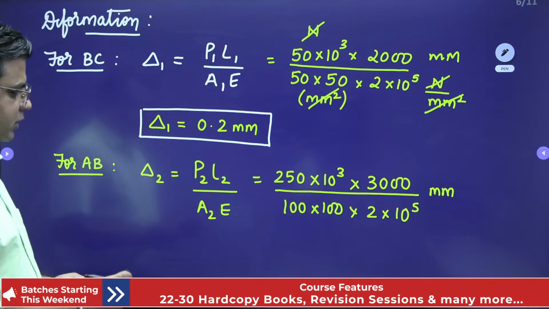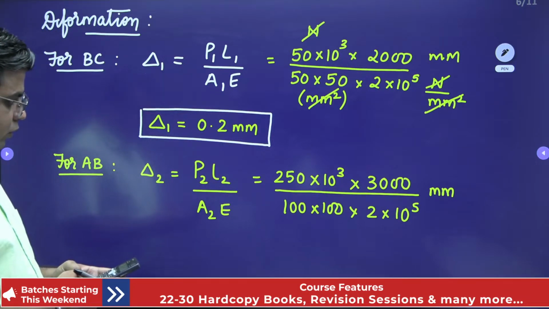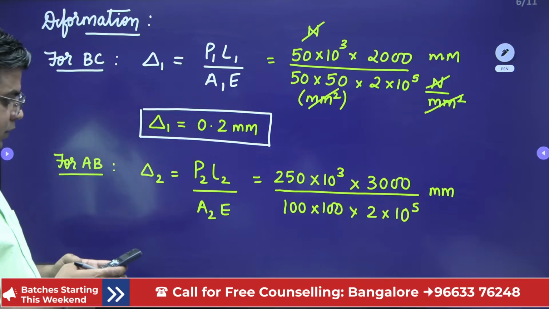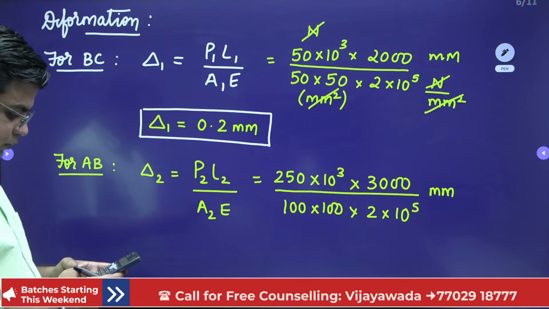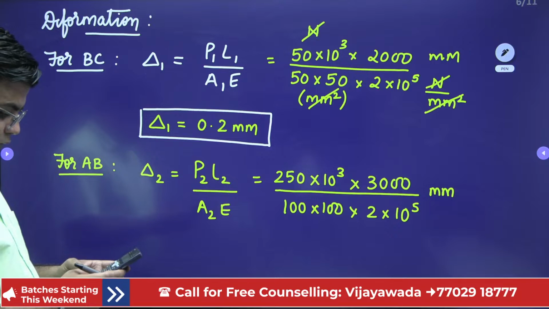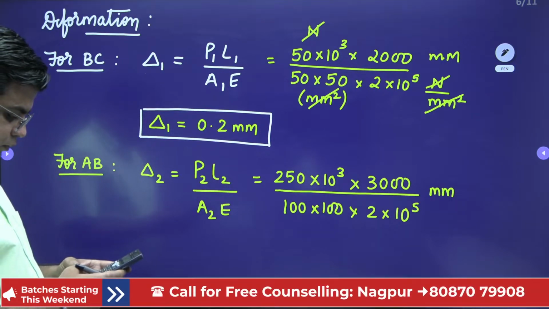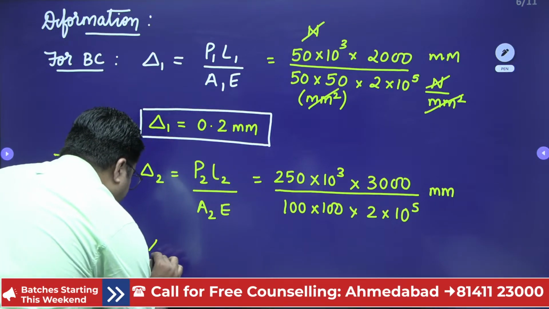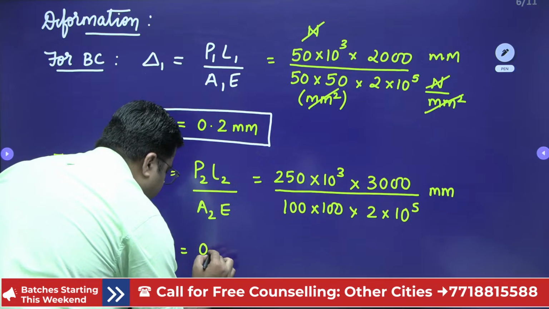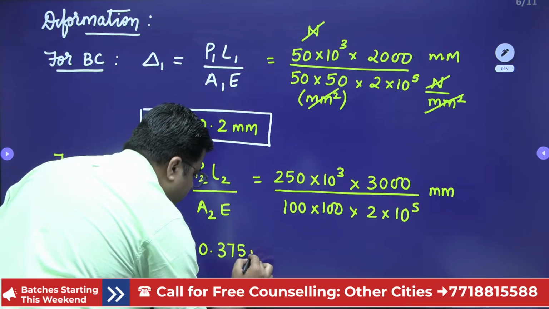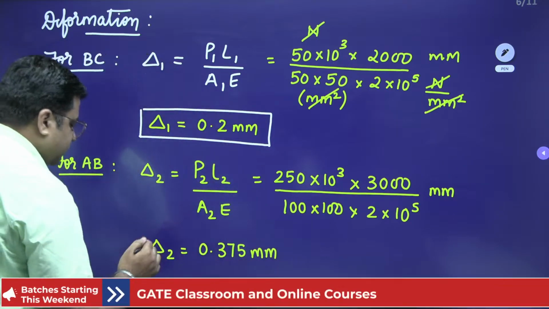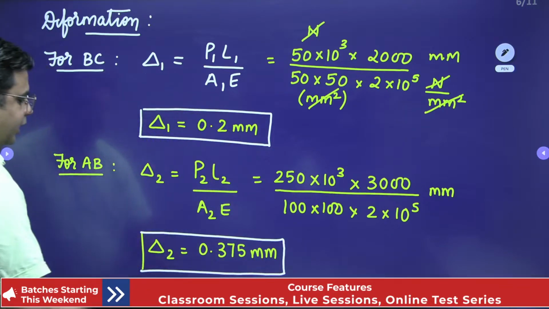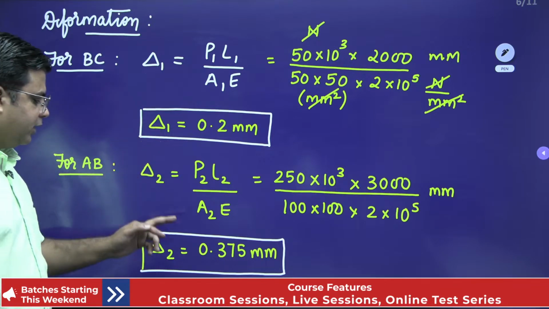Just do this quick calculation. So you have 250 into 1000 into 3000 divided by 10,000 into 2 into 10 raised to power 5. So this comes out to be 0.375. So this is the second deformation that you got. This is delta 1 and this is delta 2.